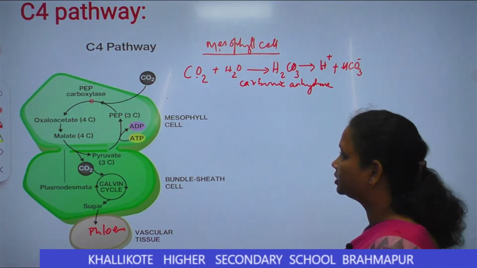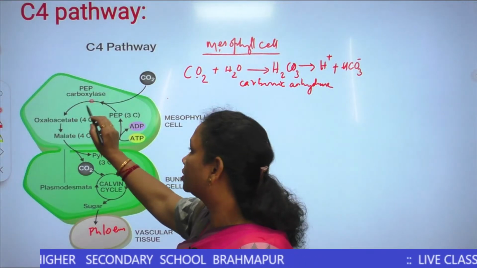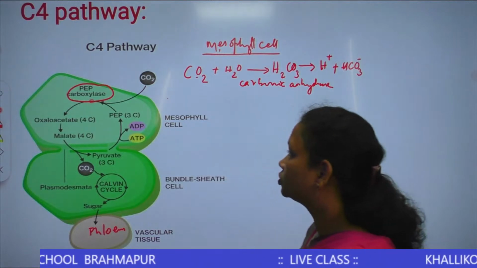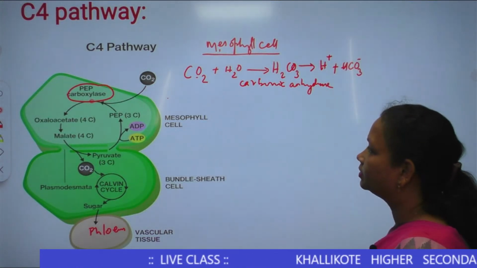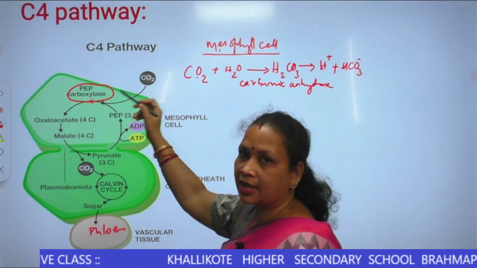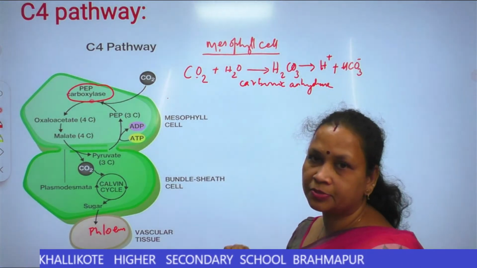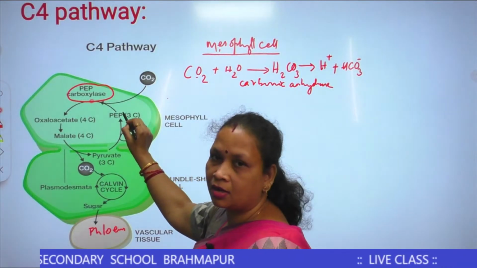After this reaction, the next enzyme that comes into action is PEP carboxylase. PEP carboxylase now helps in combining carbon dioxide. So, this is the first enzyme. The first initial compound that accepts carbon dioxide is now phosphoenol pyruvate.